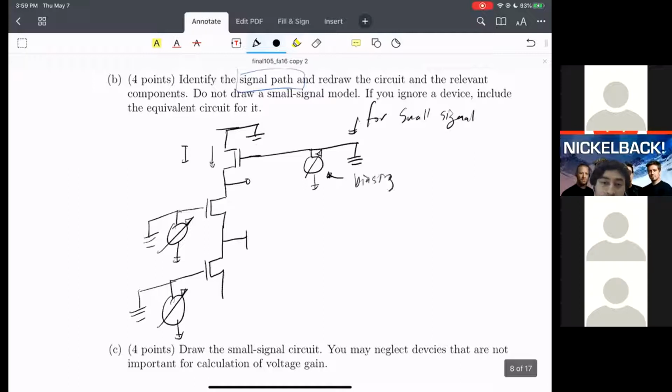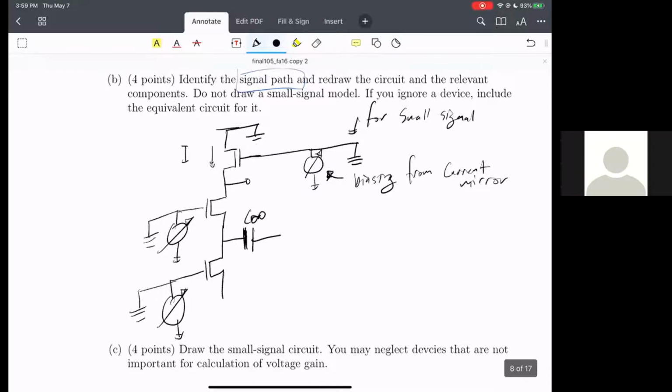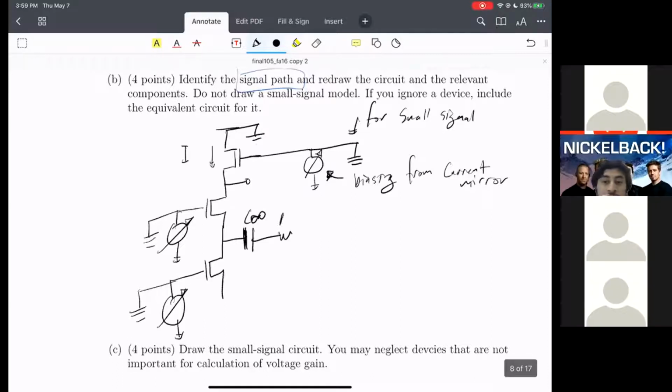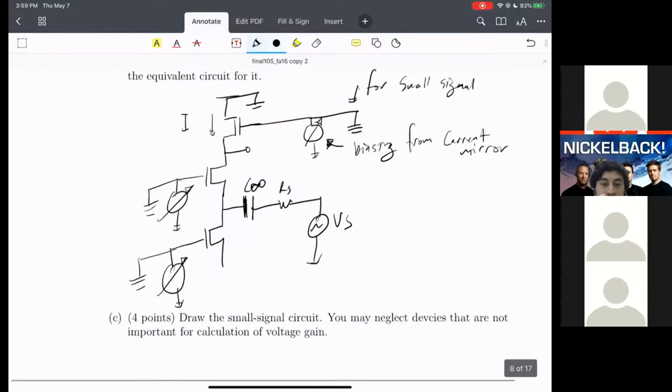Biasing from current mirror. So then we have this capacitance. This is C infinite. And we have this RS, and we have this V signal. Okay. This is ground.